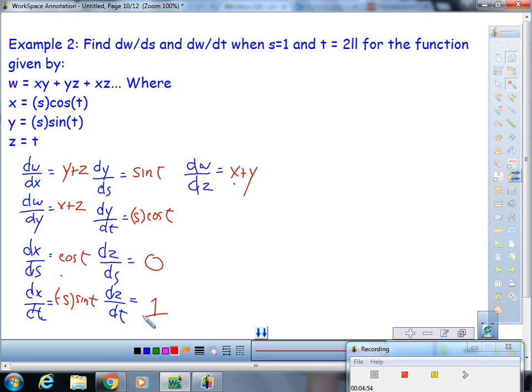The total differential will be, okay, so y plus z, dw dx times dx ds times cosine of t, plus x plus z times dy dt.